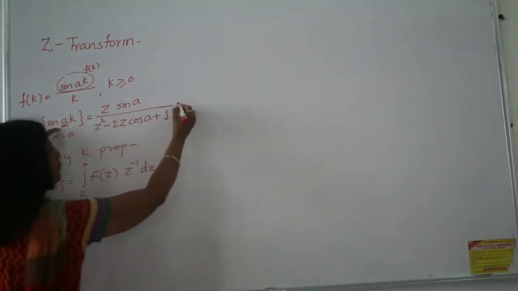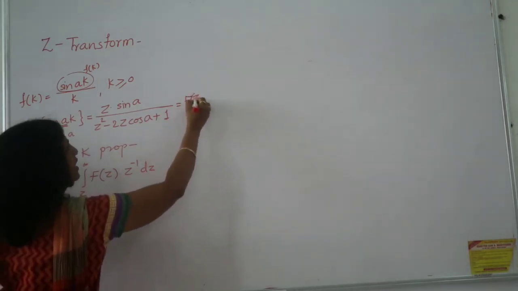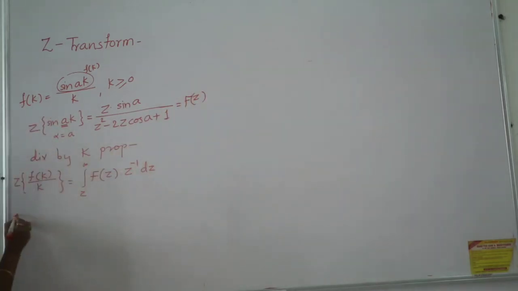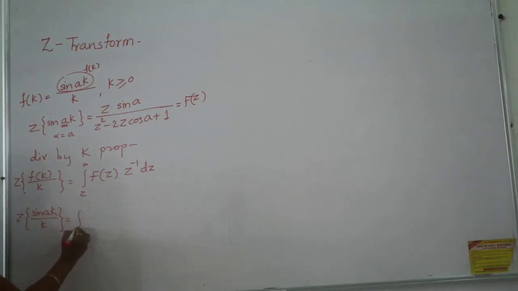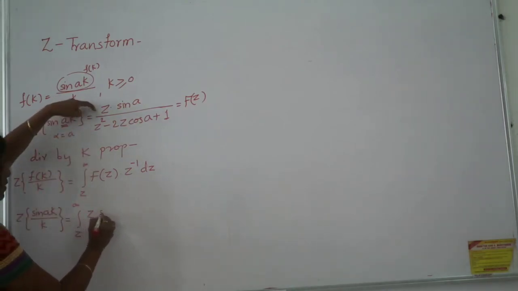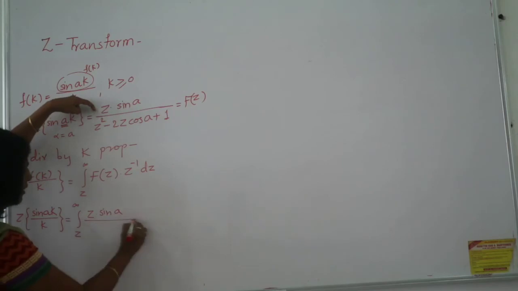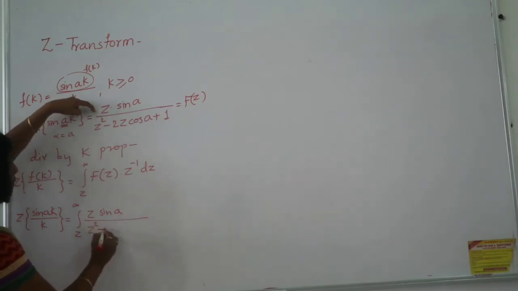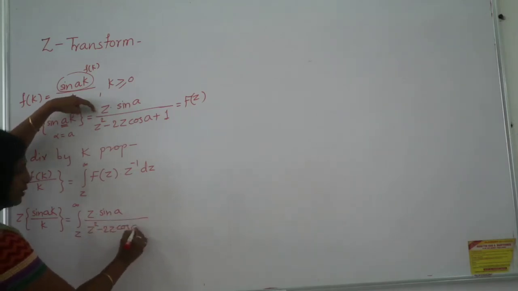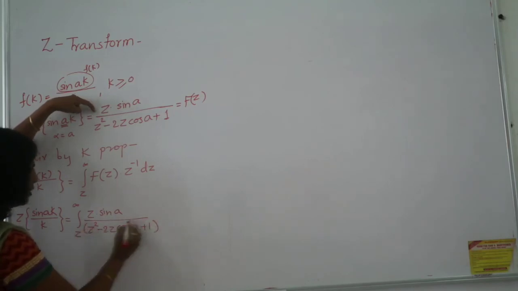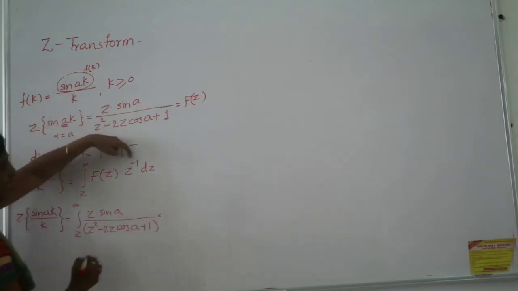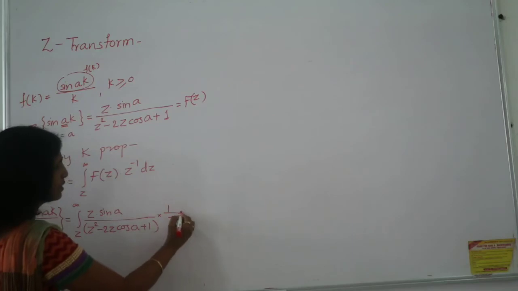So this I am going to consider as F of z. So I will start now. This is Z transform of sin ak divided by k, and this is equal to integration from z to infinity. Now my function is this: z into sin a whole divided by z square minus 2z cos a plus 1, and let me place the bracket for this, and multiply by z inverse, I can write it as 1 upon z dz.